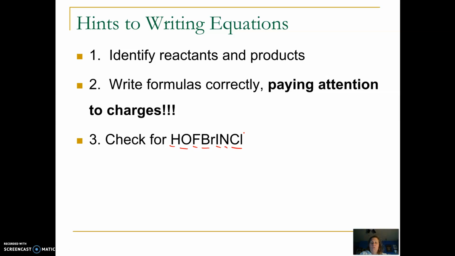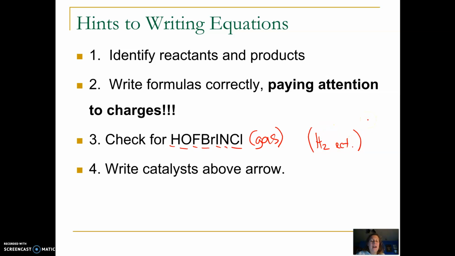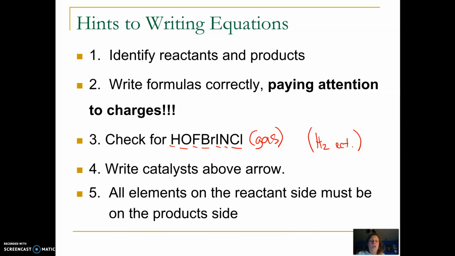Anytime you see the word gas next to any of those, those get 2s, H2, etc. Write the catalyst above the arrow, and again, all elements on the reactant side must be on the product side. So you're not going to write sodium hydroxide on one side and then have sodium and oxygen without hydrogen on the other. That's what that means.